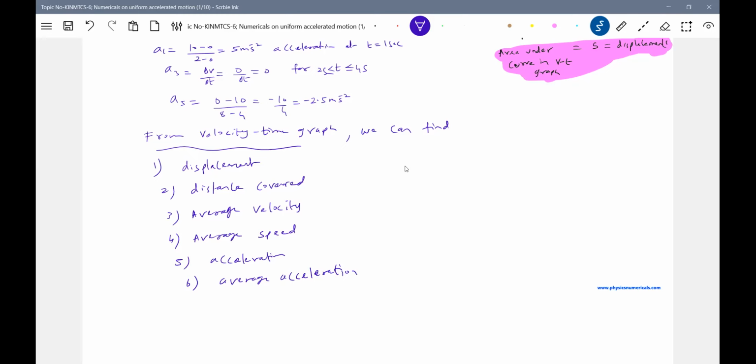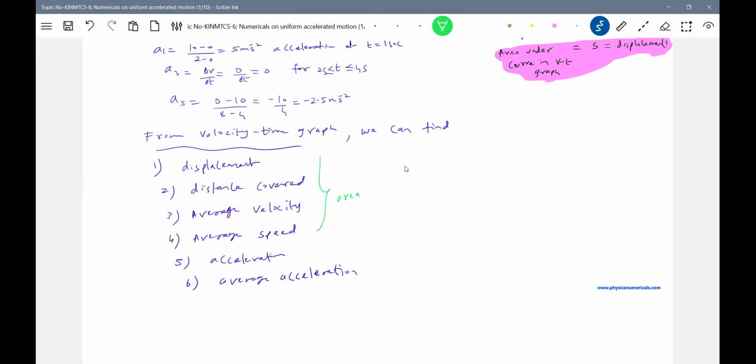It looks like a very simple curve, but the area under the curve will indicate so much. With the help of the area under the curve, we can calculate these two. From slope, we'll get this one. From change in velocity by time taken, we'll get average velocity, average acceleration. I'm not saying area under the curve. With area under the curve, we'll get these 4. Let me summarize here.